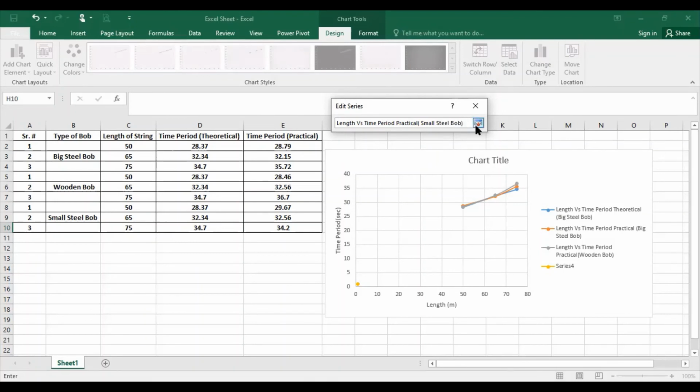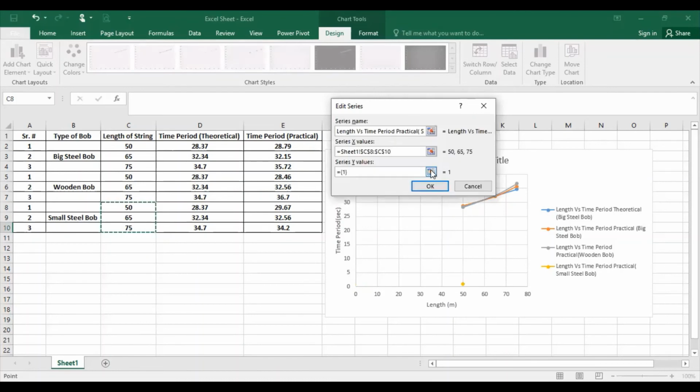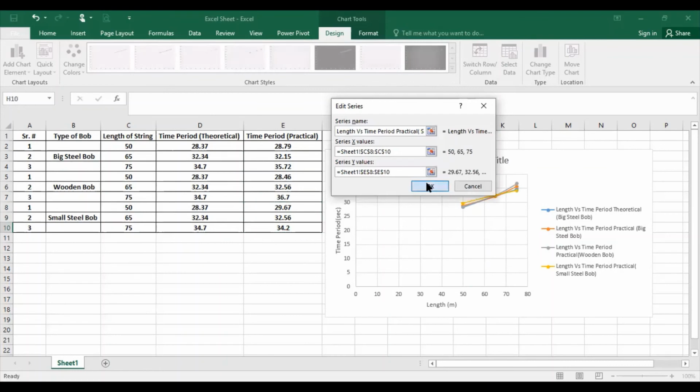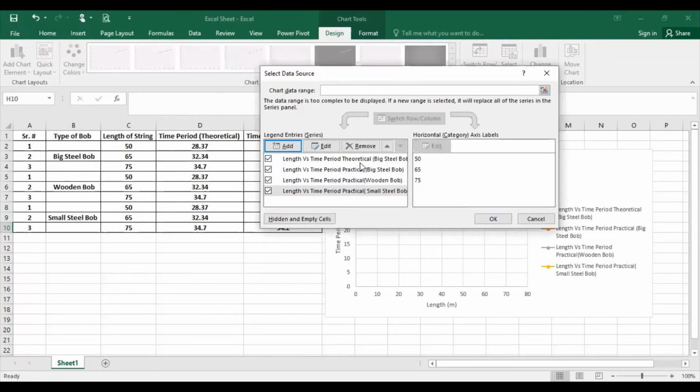So X values will be from 50 to 75. I have taken 3 readings over there. On Y values, we have to take the practical results. And you can see the graph is very close to each other.